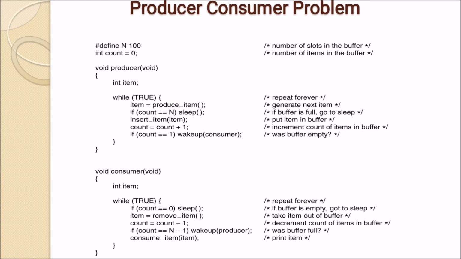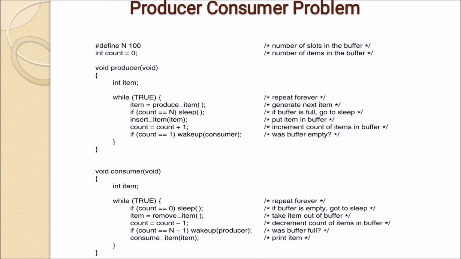Now let us see the algorithm, or we can say the procedure, of how we can solve this problem. Here the sleep and wake up function calls are used. Whenever the buffer is full, the producer process goes to sleep. Whenever the consumer consumes some item, it wakes up the producer process.